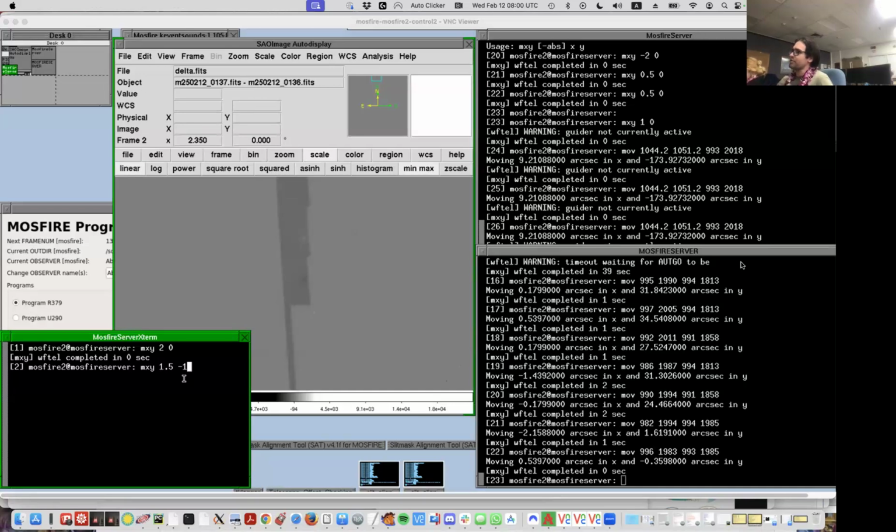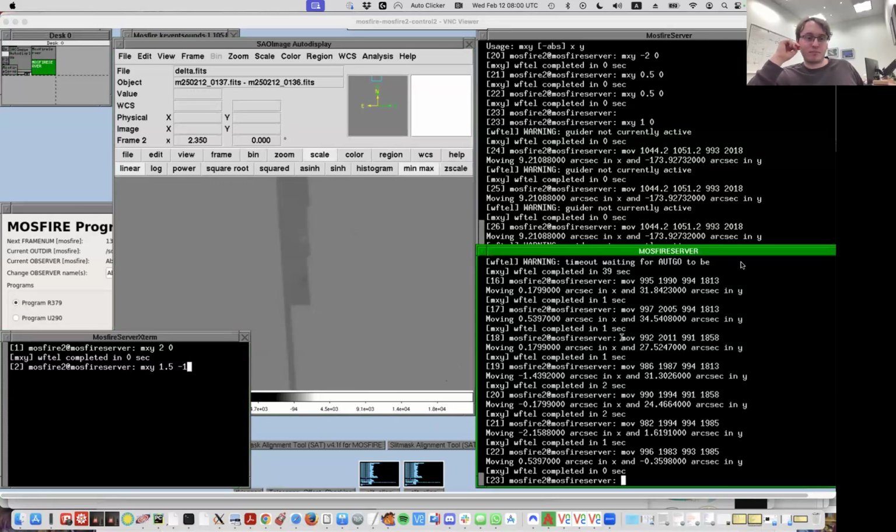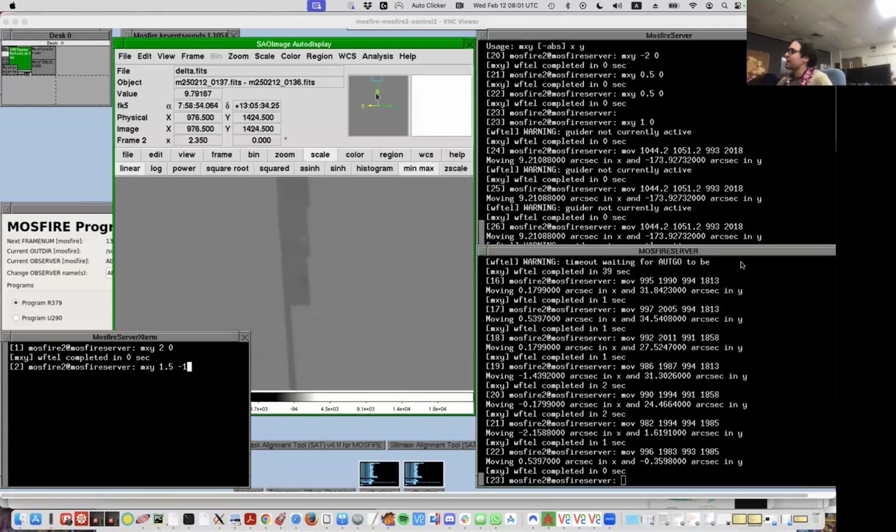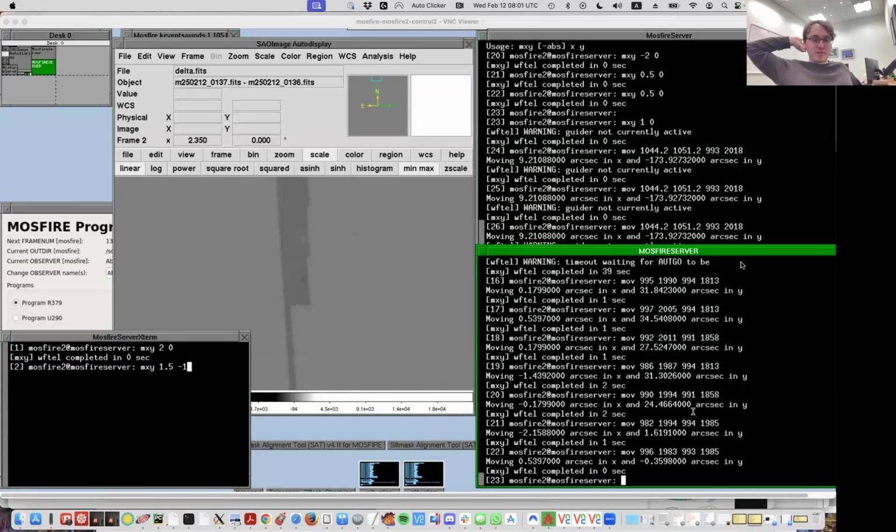Yeah, so these are both in detector plane space coordinates, not actual RA and DEC coordinates. So yes, it should go by what this compass rose is saying for the X and Y.